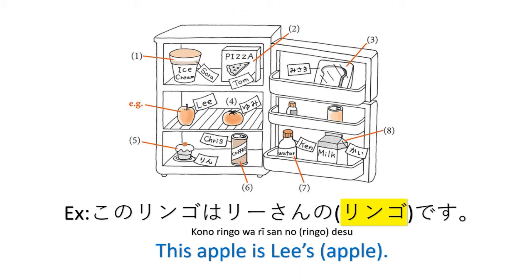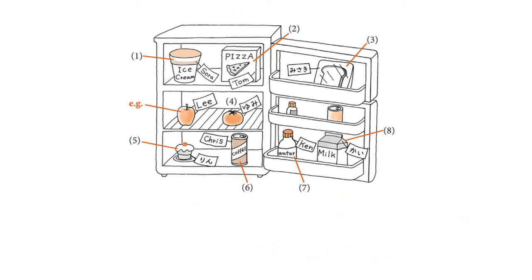So here we have the other products and they have their own respective owners. You can try and formulate sentences using this example. Or you may continue watching. Okay? So for number 1, ice cream. Sora-san.